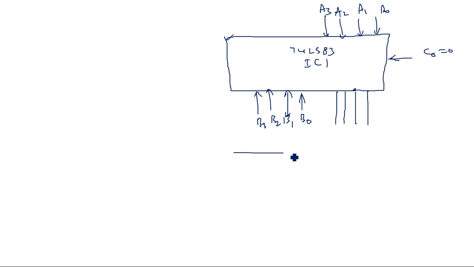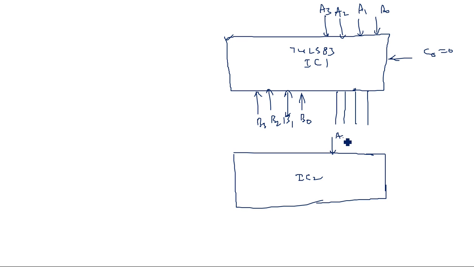Now we have one more IC, IC2, which has inputs A7, A6, A5 and A4, and similarly B7, B6, B5, B4.